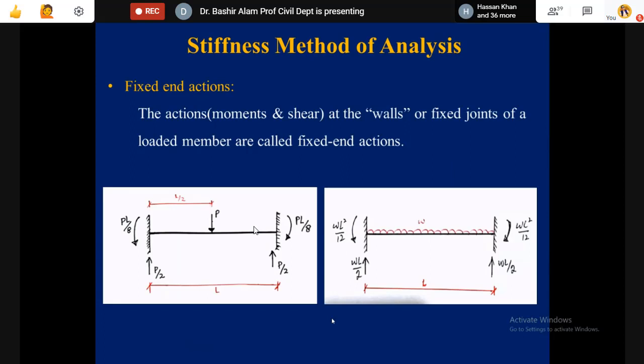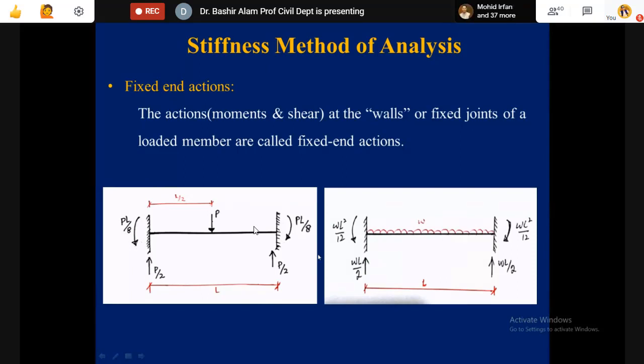Now, fixed end actions for some general cases, you need to go back to your engineering mechanics books and mechanics of solids books, and you can find out these member end actions. Now, if we have a fixed-ended beam, and at L by 2, at the middle of it, a point load is applied, the member end actions produced will be PL divided by 8 and PL divided by 8.